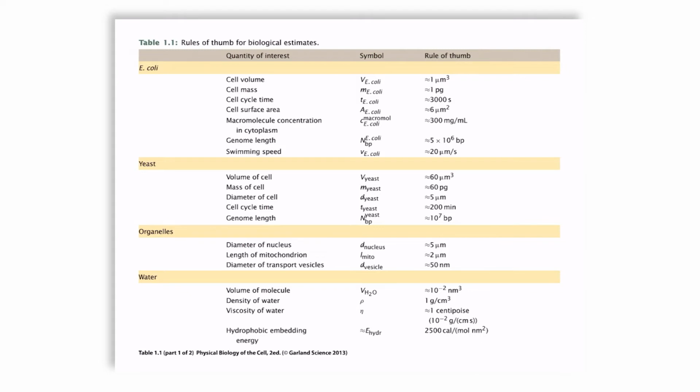You're looking at a table taken from a textbook, Physical Biology of the Cell. And perhaps those of you who studied chemistry or physics are aware that typically physical or chemical constants are mentioned at the beginning of the textbook. I challenge you to show me a textbook in biology that does this.